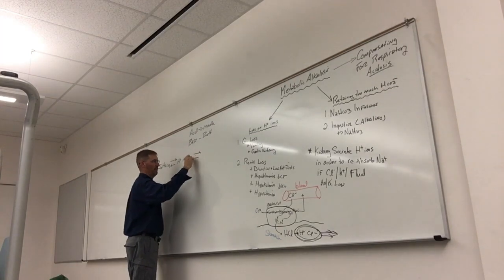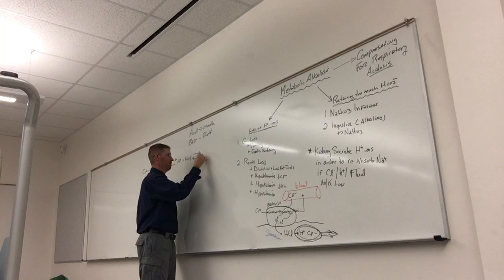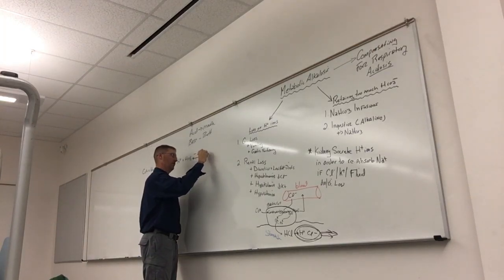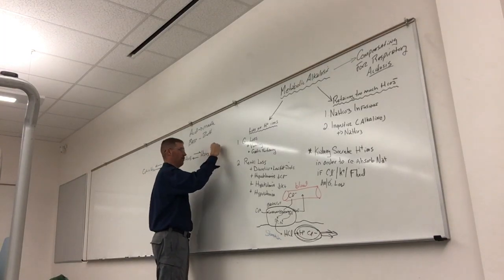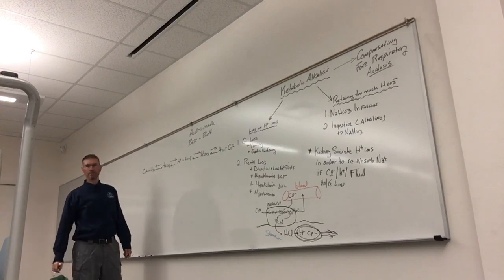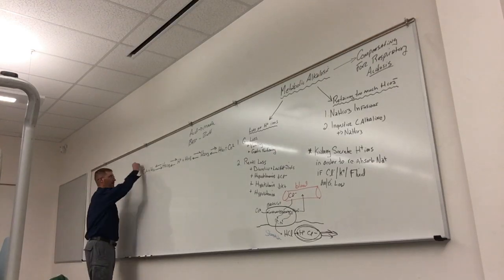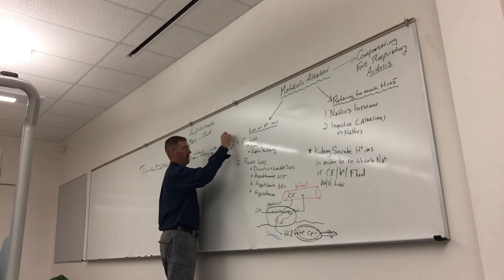And then I can recombine, right, to form what? H2CO3. And then that breaks down in the lungs to form H2O and CO2. You guys okay with that there? And this tends to happen in the tissues. And this tends to happen in the alveoli.